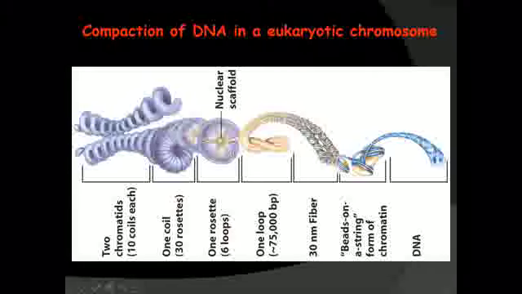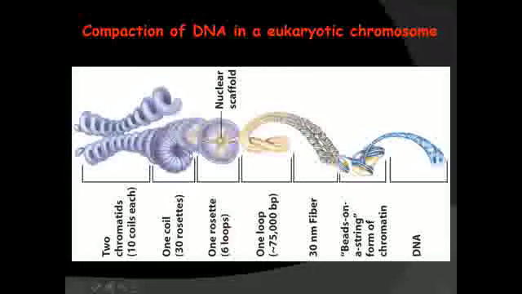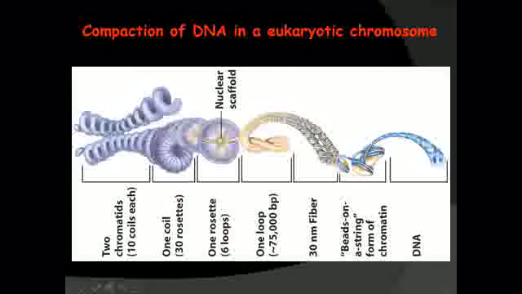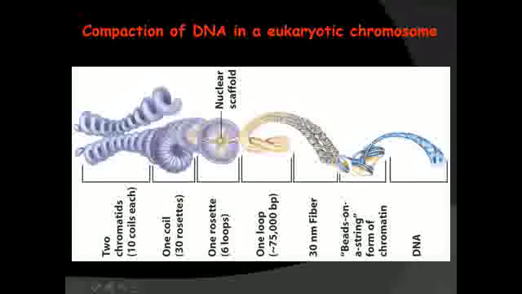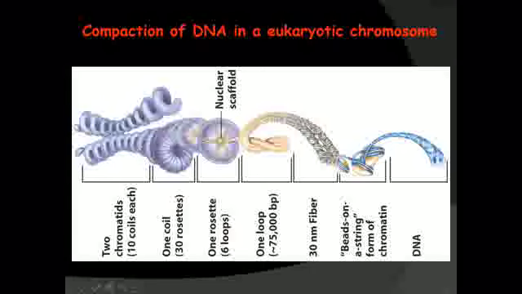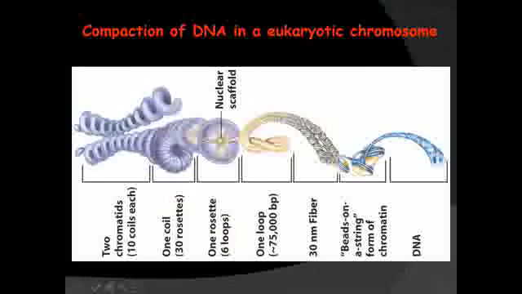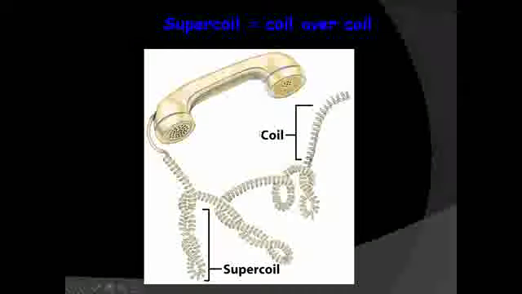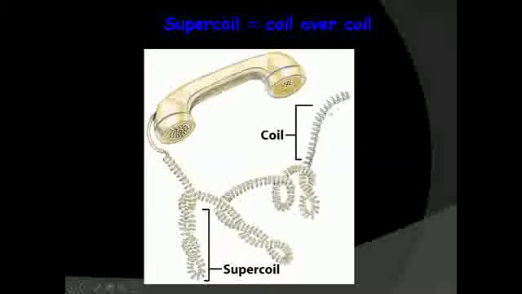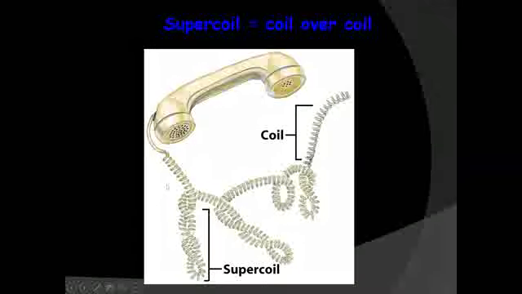Then 30 such rosettes align with each other to form one coil, and approximately 10 such coils are present in each of the two chromatids. So it can be considered analogous to how a telephone cable coils, twisted around each other to form a condensed structure.